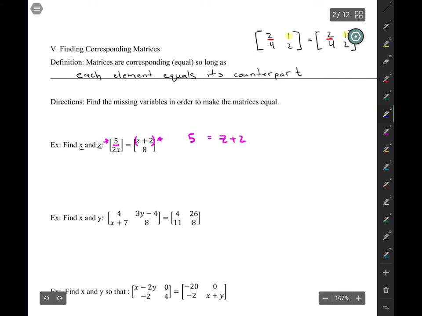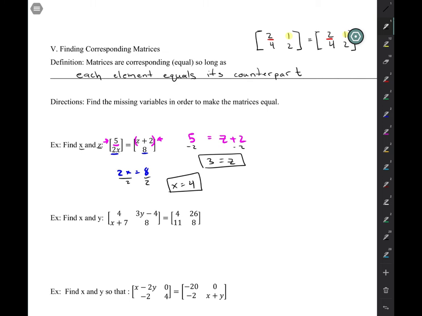In the bottom cell, we have 2x equals 8. And then we have 2 little mini equations to solve. Aren't they cute? Subtract 2, and we have 3 equals z. And divide by 2, we have x equals 4. So some pretty simple stuff here, but just getting you used to matrices.